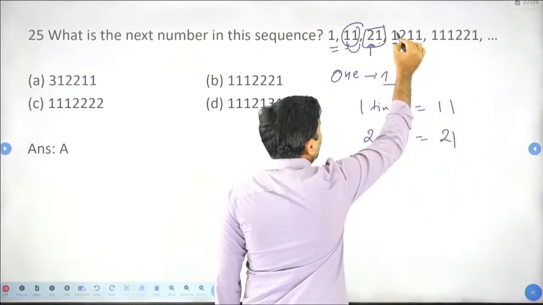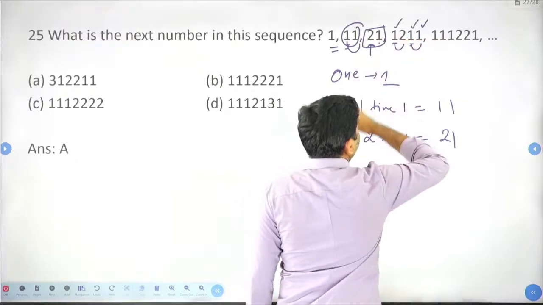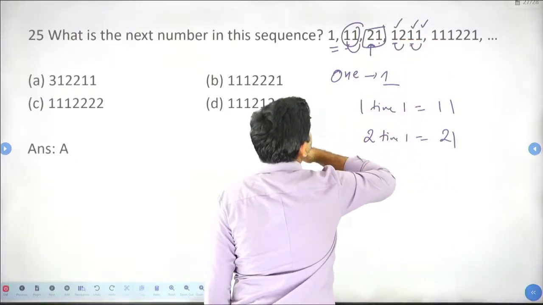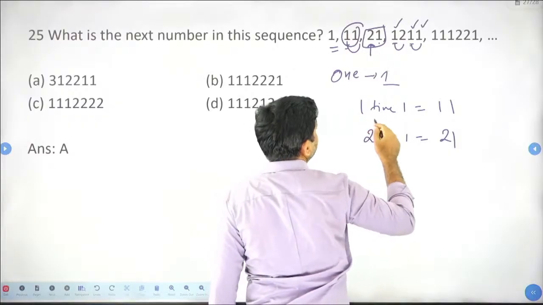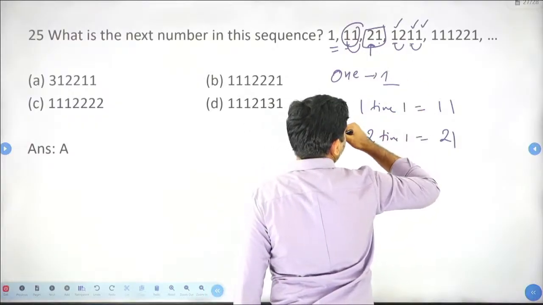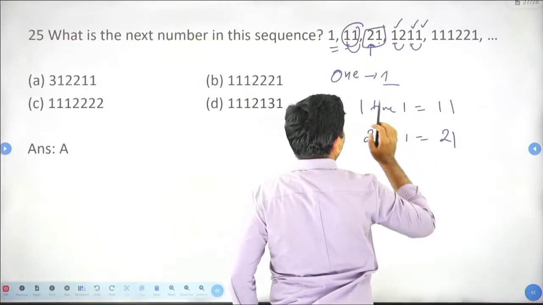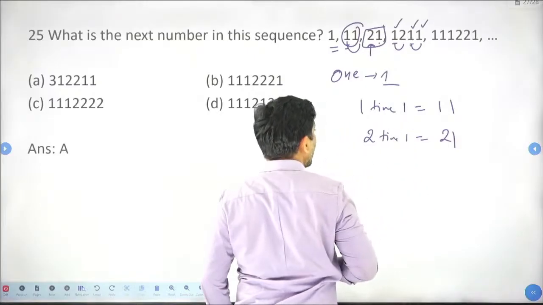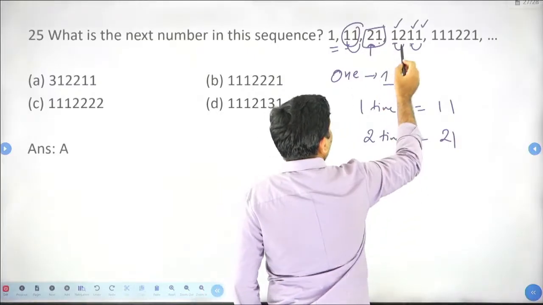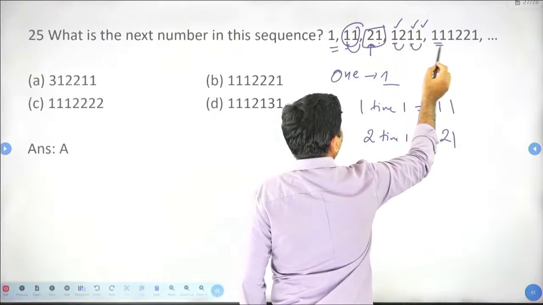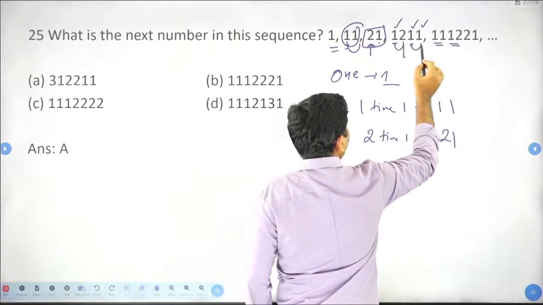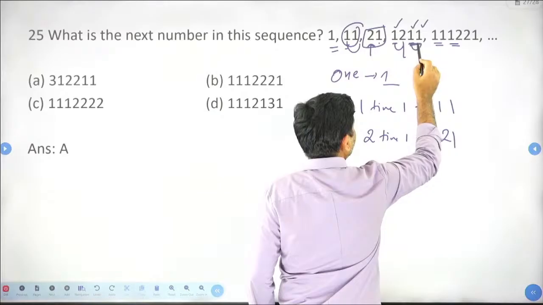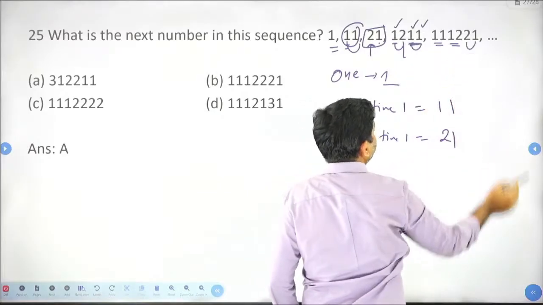Next. 1, 2, 3. 3 1s. Okay, sorry. Okay, now, next. For this 1, 1, 1. For this 2, 1, 2. For this 1, 1, 2 times. That's why 2, 1.